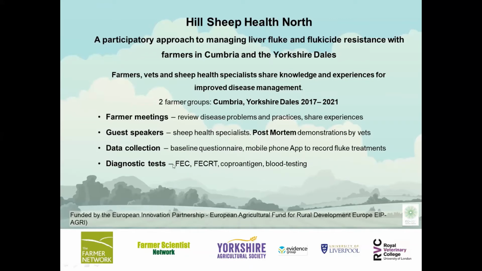I think what we've just heard from John and Guy and Rosie just shows how complex the liver fluke life cycle is, and how the testing procedures, there's a big choice of those, and there's a big choice of products, and added into that mix in a hill farming situation, as a lot of you'll know who are on this meeting tonight, the issue with hill farming is that you're only gathering your sheep several times a year, so maybe only 5 or 6 times a year.